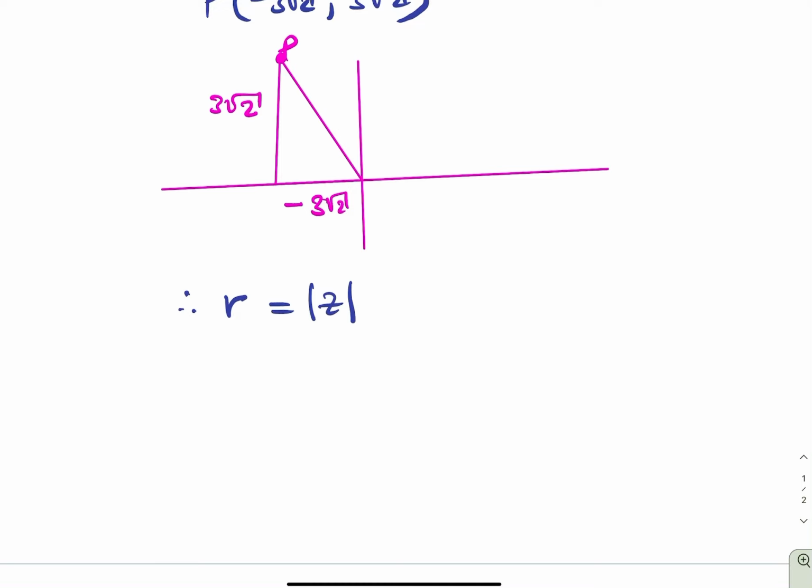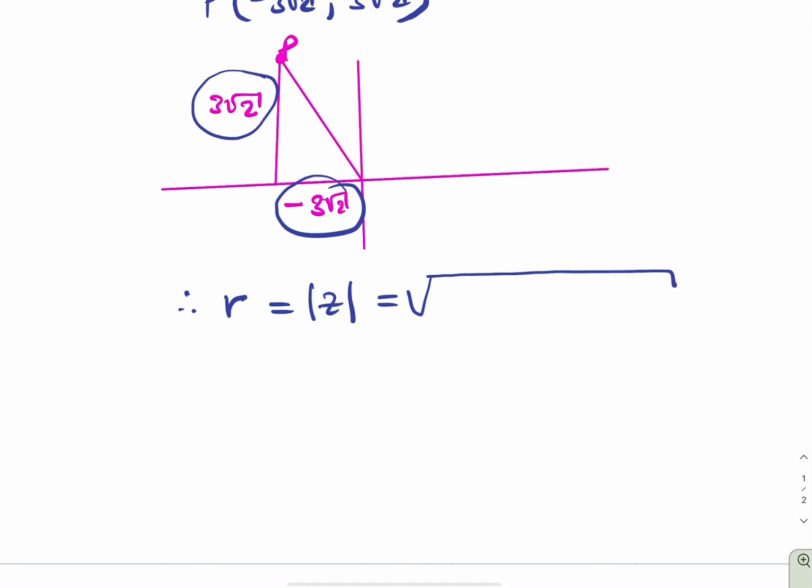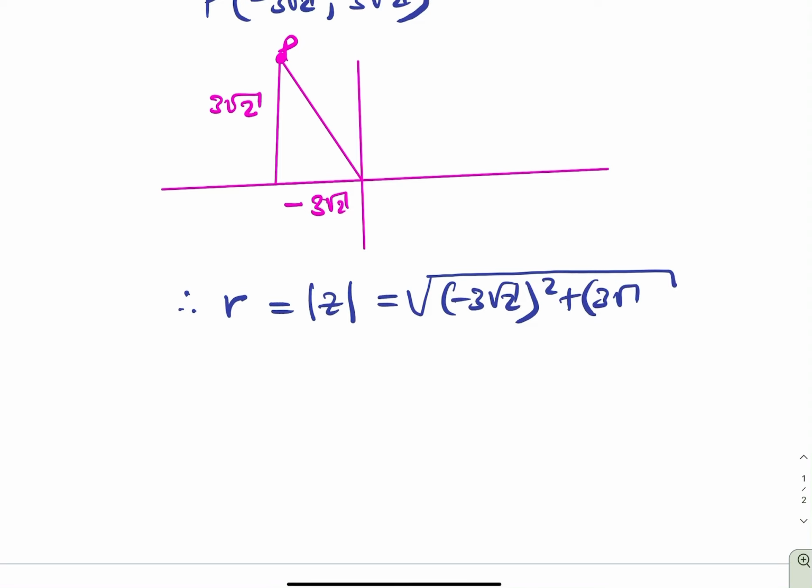So the modulus of z equals the square root of the adjacent squared plus the opposite squared, that is, negative 3 square root of 2, squared, plus 3 square root of 2, squared.